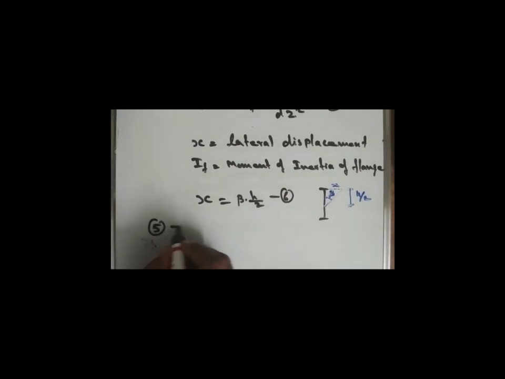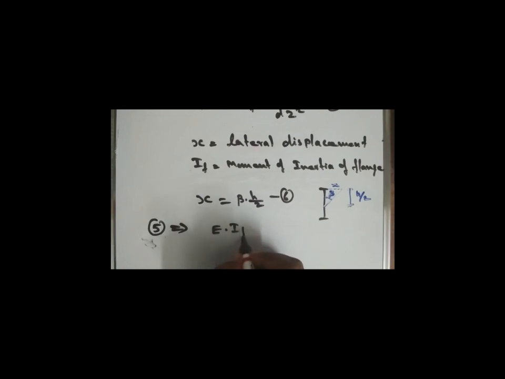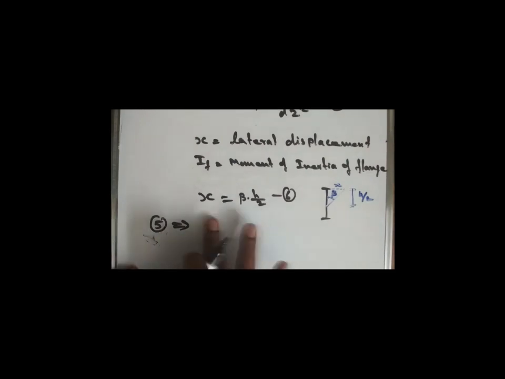Now equation 5: MF is equal to E IF into h by 2 into d squared beta divided by dz squared. That equation we will call the 7th equation.